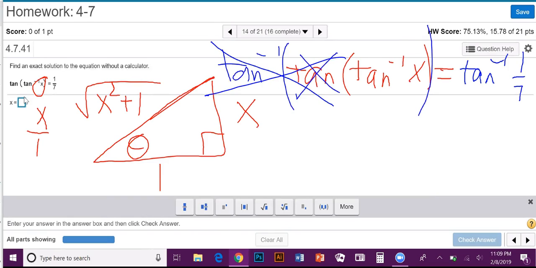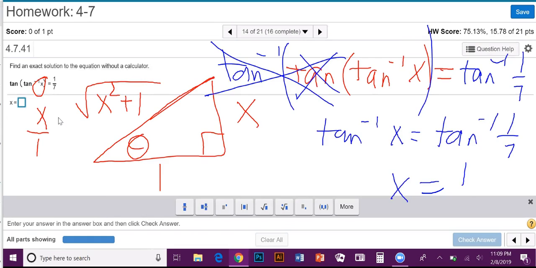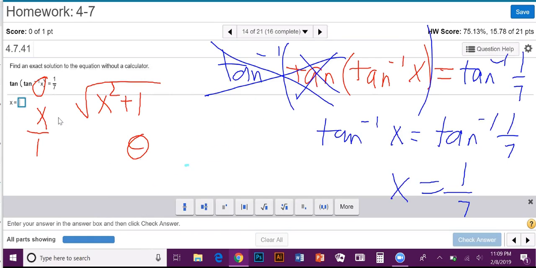So these would cancel out, leaving me tangent inverse of x equals tangent inverse of 1/7, which would mean x has to be 1/7. Yes, it's that easy. I thought it was going to be more stressful than it was.